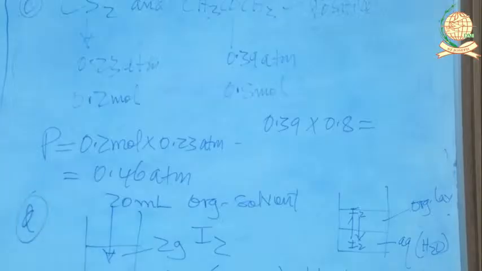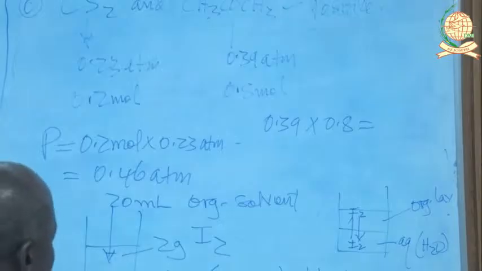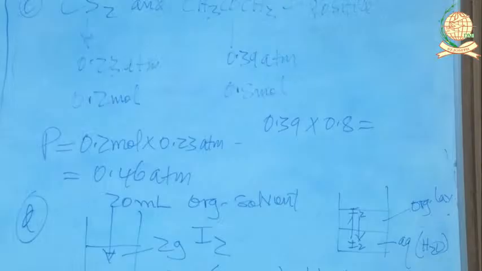Let X grams of iodine be transferred to the organic layer. So it means what remains in the water layer is 2 minus X of iodine. This will remain in the aqueous layer.